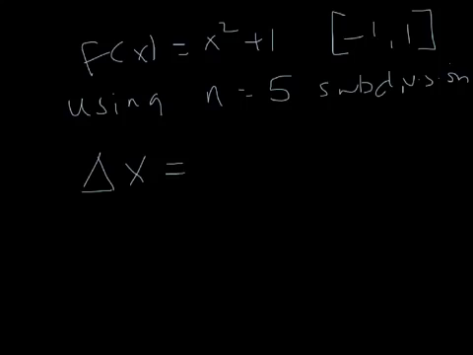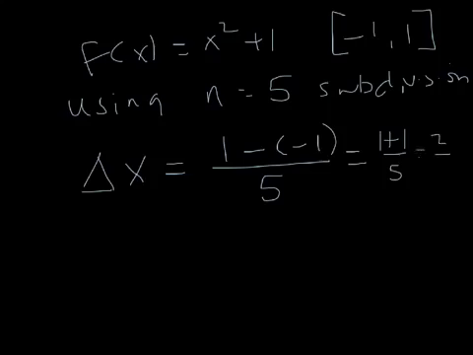It changes by 1 minus -1, the difference of the endpoints on the interval, over n, which is 5. So we've got 1 plus 1 over 5, which is 2/5. So each little interval is of size 0.4.